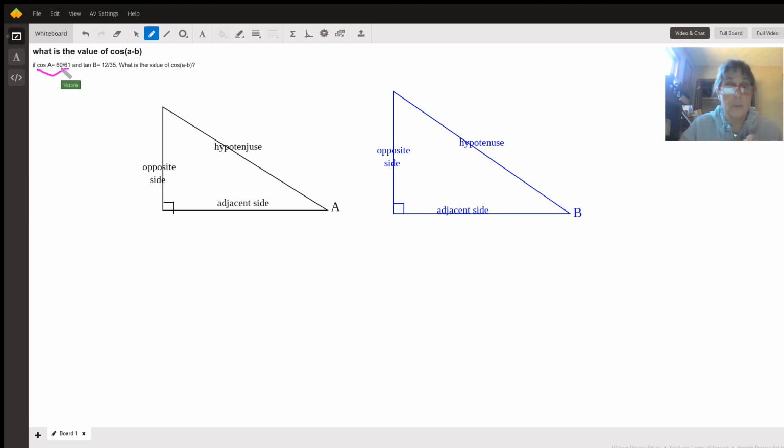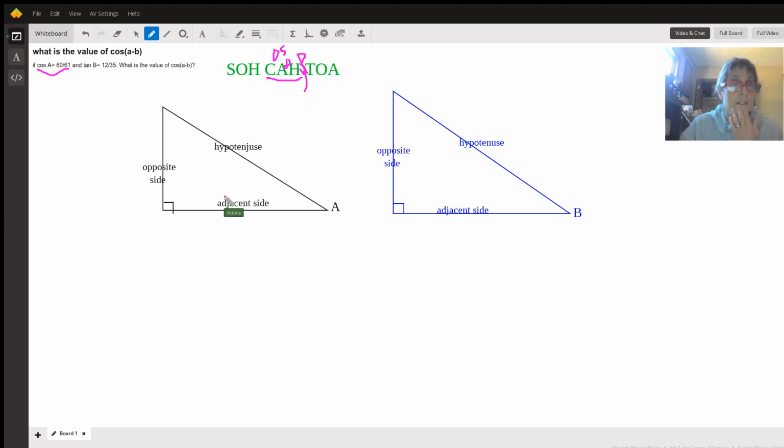If you remember back to your early trigonometry days, cosine is adjacent over hypotenuse.